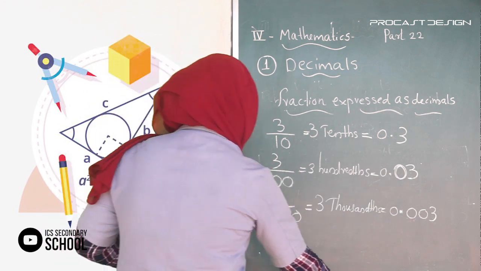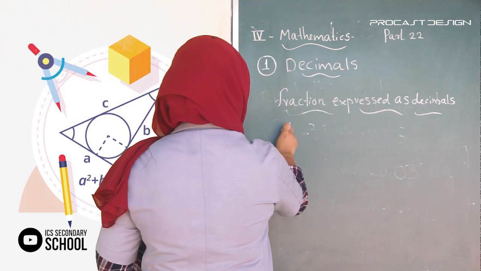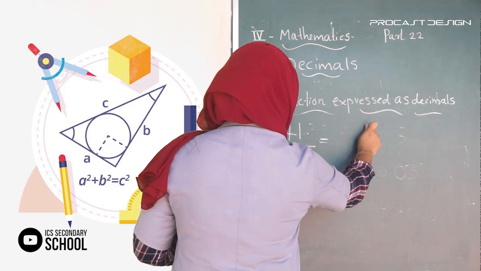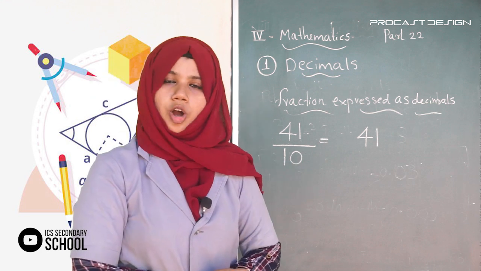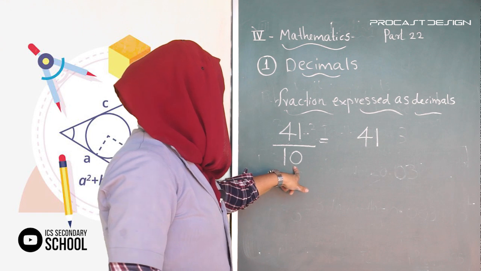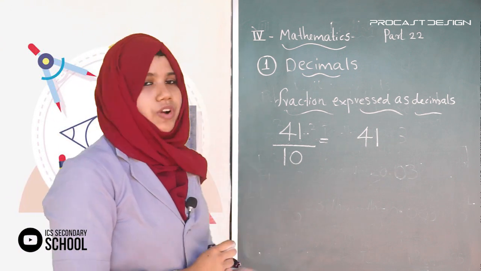Okay, I will give another example. 41 by 10. So first we write the numerator. Then how many digits are there? Yes, only one digit. How many zeros? Only 1 zero.